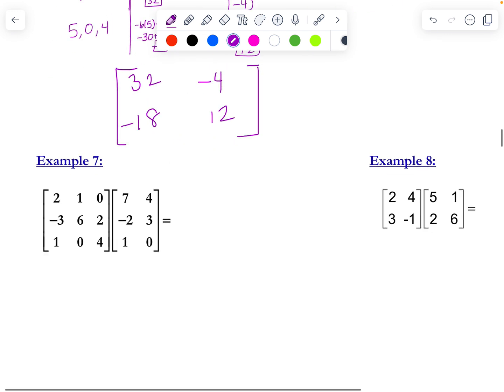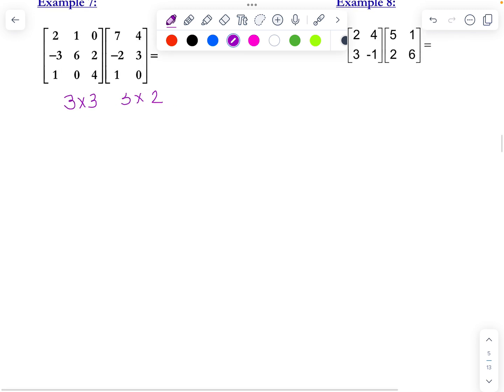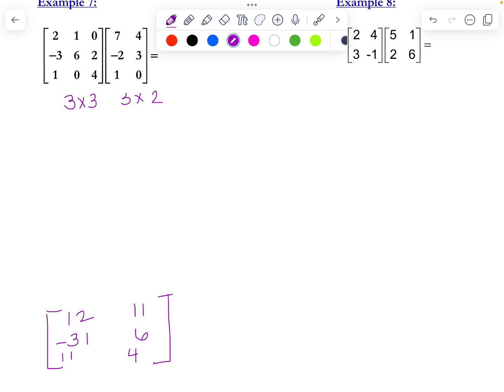We could multiply this 3 by 3 and this 3 by 2. I'm going to give you that answer, and I'm going to have you check that. This is going to be 12, 11, negative 31, 6, 11, and 4. So check to see if you can get that one.